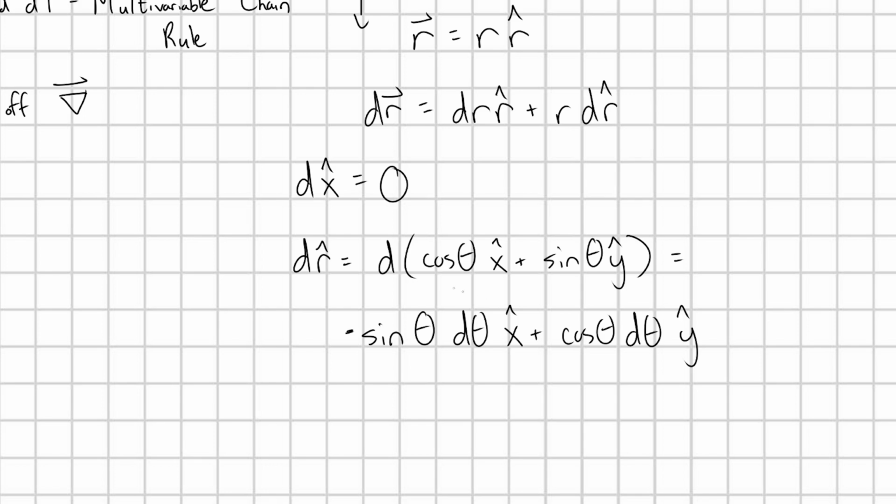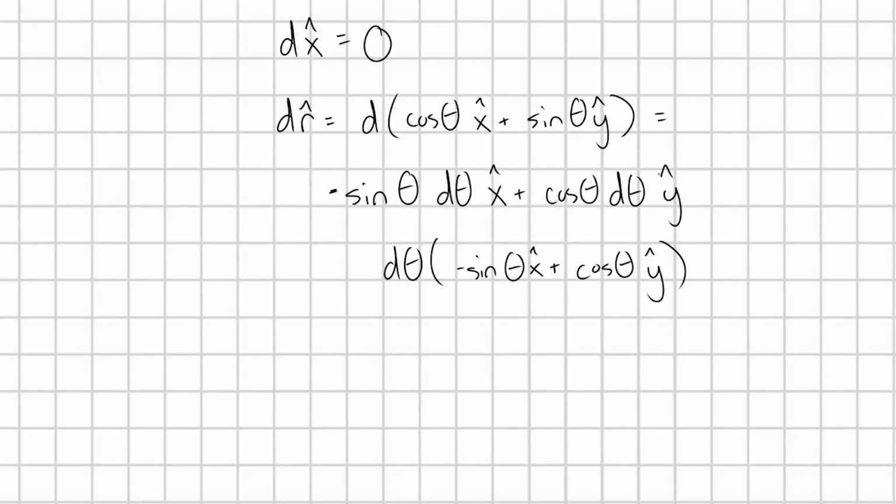So that's really nice and easy. Now if I pull d theta out of here, minus sine theta x hat plus cos theta y hat, well, this was our definition for the theta hat unit vector.